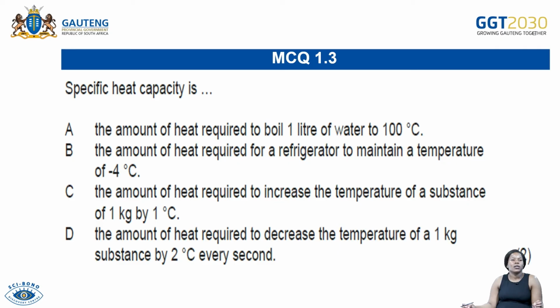Is it option A, the amount of heat required to boil 1 liter of water at 200 degrees Celsius, or B, the amount of heat required for the refrigerator to maintain a temperature of -4 degrees Celsius, or C, the amount of heat required to increase the temperature of a substance of 1 kilogram by 1 degree Celsius, or D, the amount of heat required to decrease the temperature of a 1 kilogram substance by 2 degrees every second.